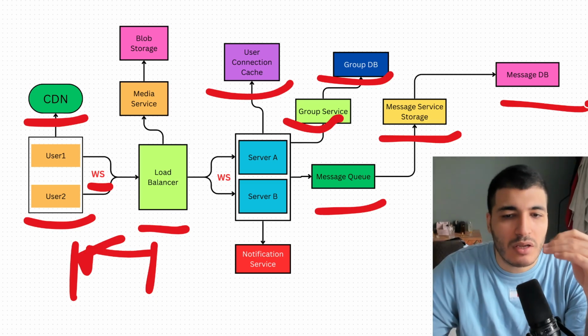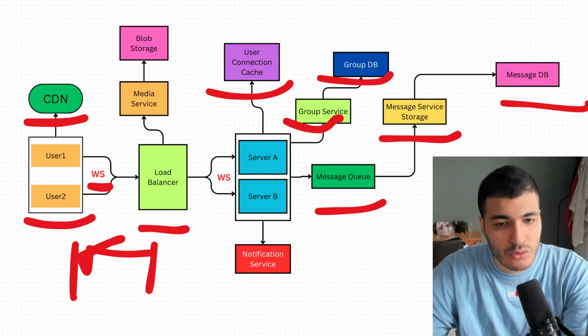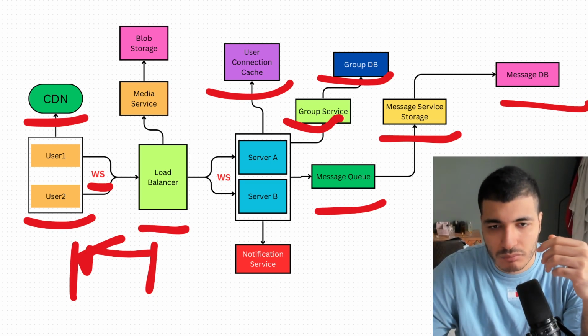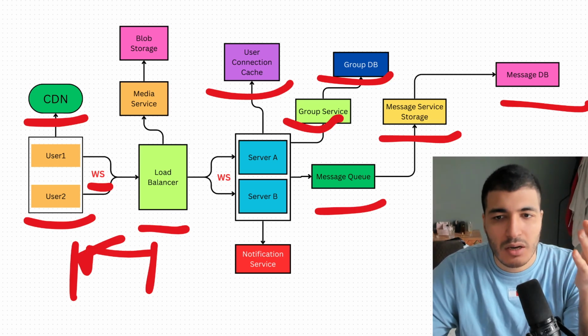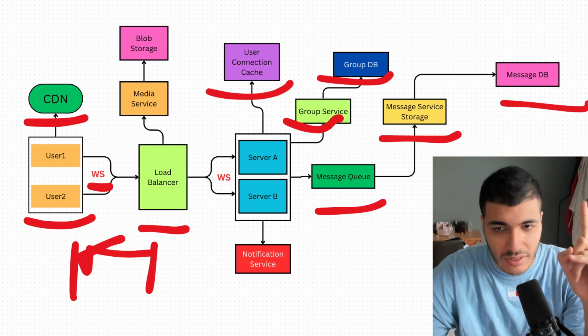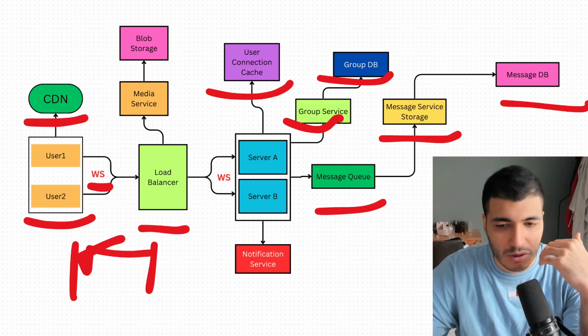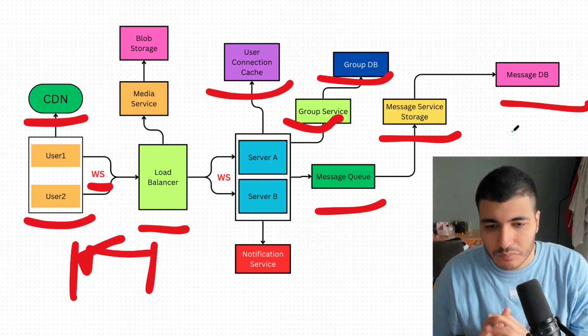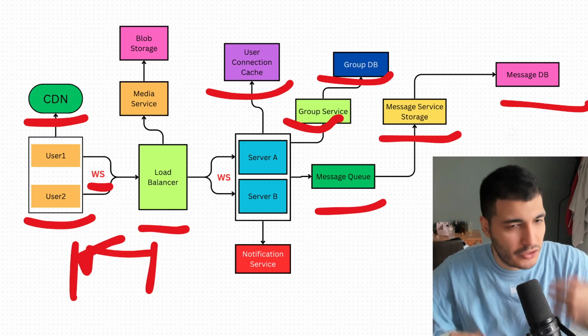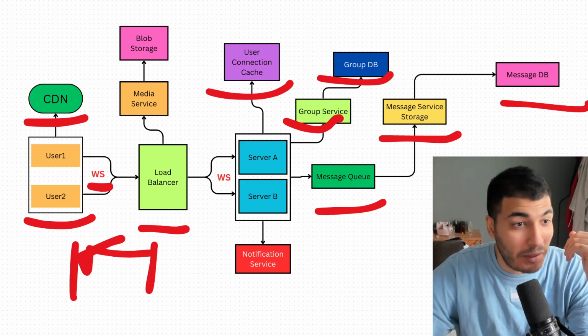This one stores the chat history, and could be sharded horizontally to scale. Notice that there are multiple DBs. We will need multiple DBs, and I will talk about the storage in a bit, but just be patient.